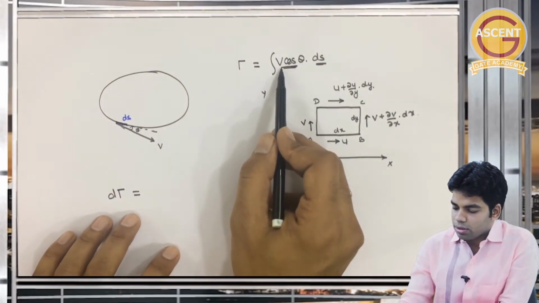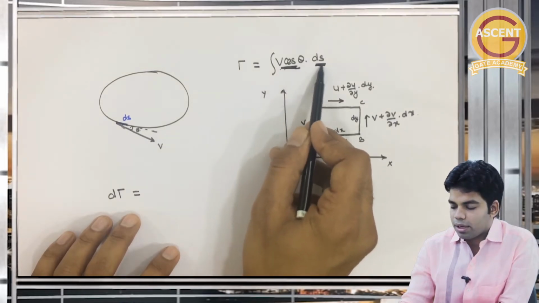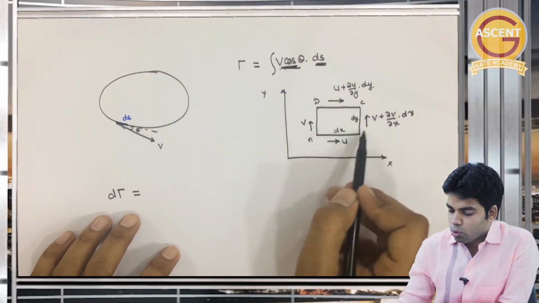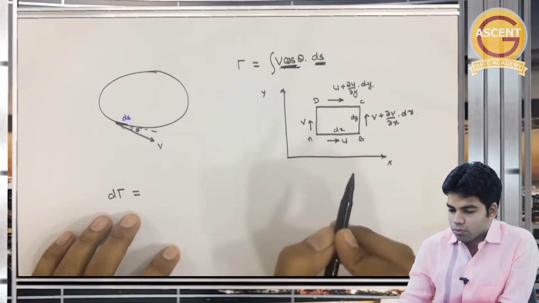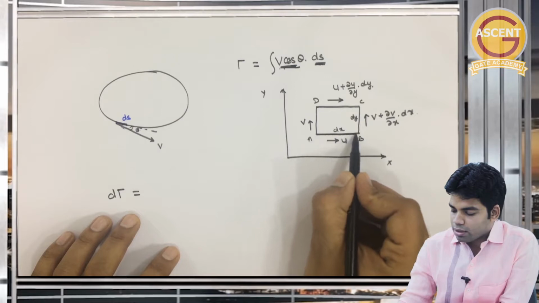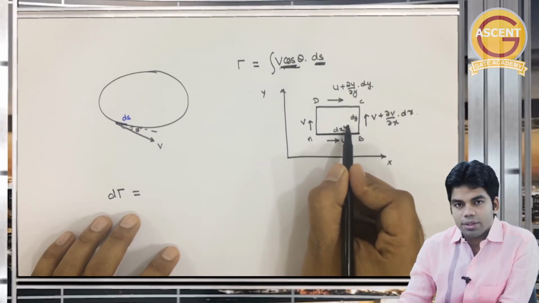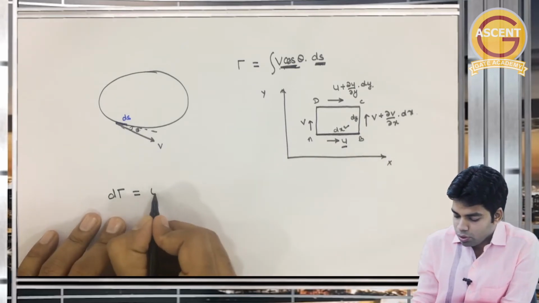This is nothing but the summation of the product of the velocity component along the element of the curve and the length of that element. Over this whole cycle, if I want to determine the circulation, just understand this very carefully. At this elemental length AB, the length is dx and the velocity component is u, so this will be u into dx.